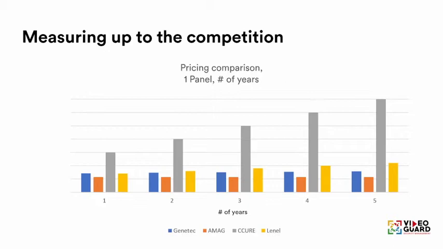And our competitors, on the other hand, for instance, Secure, their price mounts very quickly because they make the lion's share of their revenue on the recurring revenue that comes from these intrusion systems. In fact, their yearly cost is roughly 50% of their base cost. So that racks up fairly quickly, as you can see here.